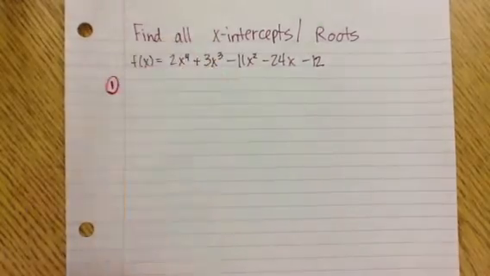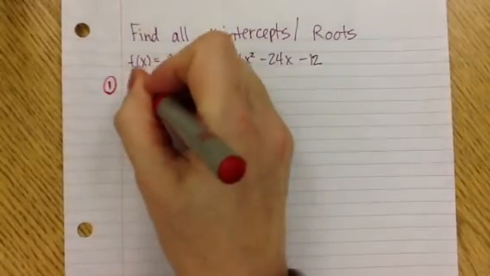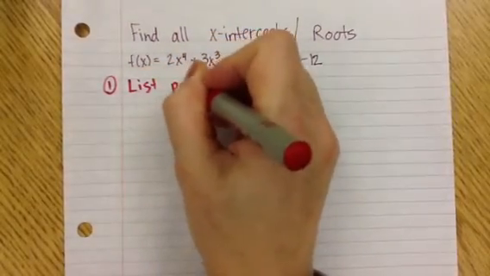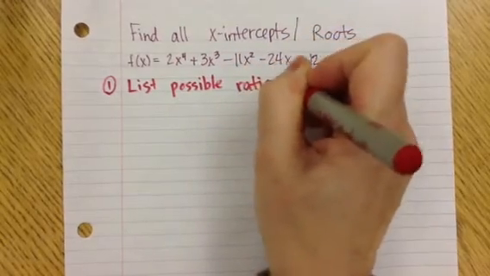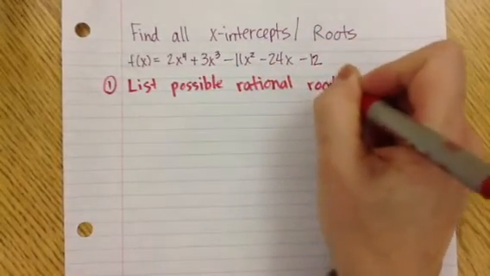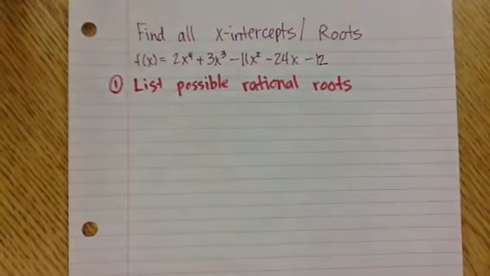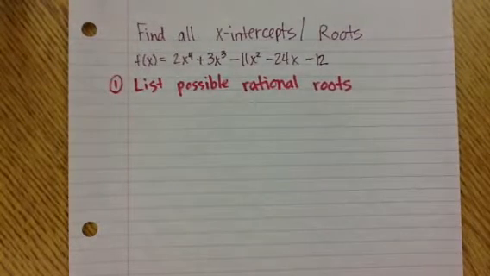Our first step is going to be to list the possible rational roots. And we did that in the last segment.